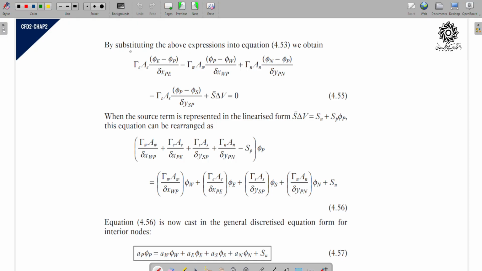By substituting the above expression into the equation, we obtain the following.